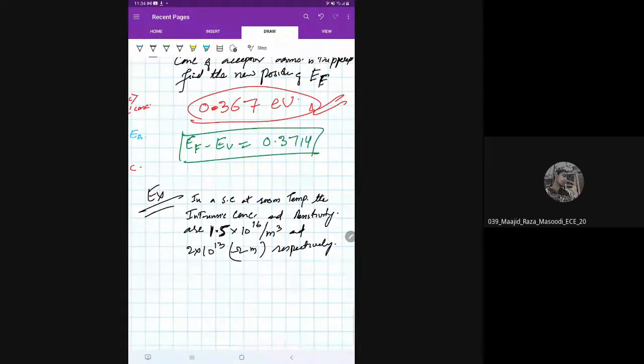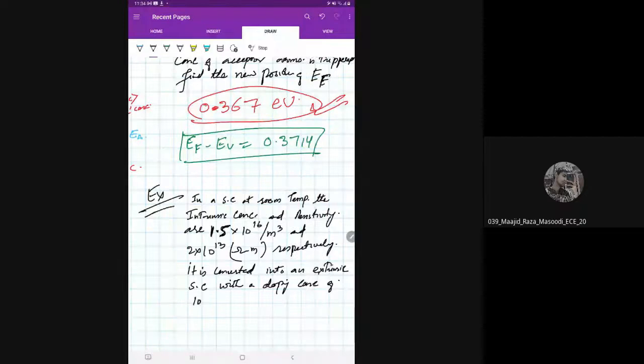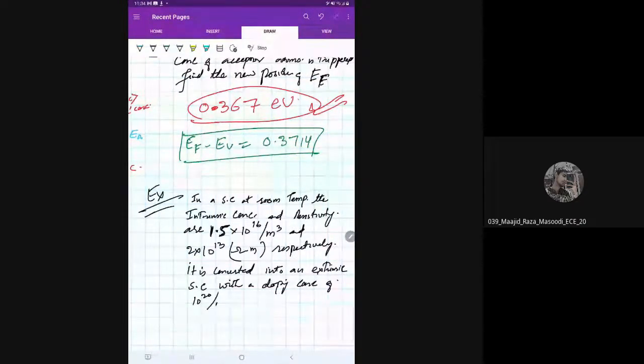The question says it is converted into an extrinsic semiconductor with a doping concentration of 10 to the power 20 per meter cube.